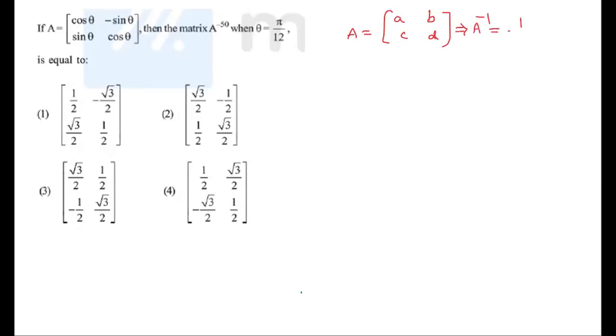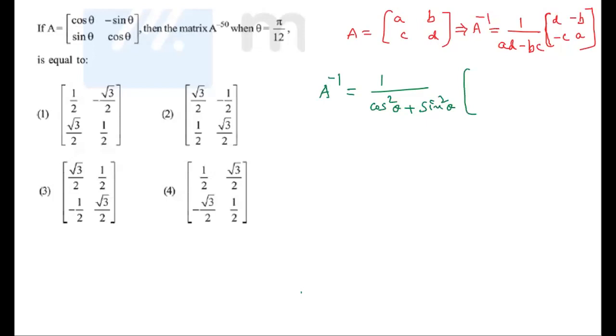That is 1 by AD minus BC into D minus B minus C A. This is the A inverse form. The matrix is already given. Find the A inverse. A inverse is equal to 1 by AD minus BC. That is, we get cos square theta plus sin square theta into, now A and D interchange and B, C change the sign.